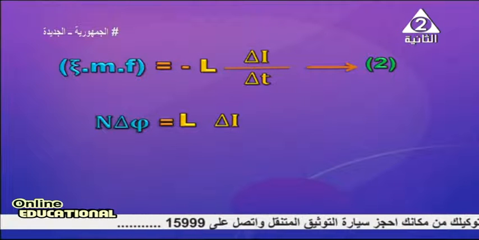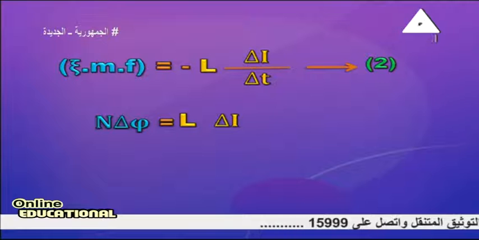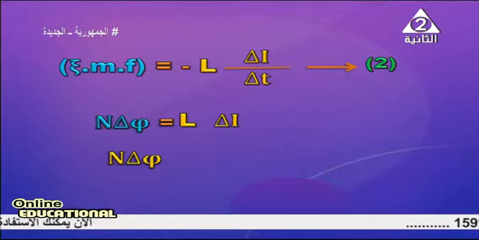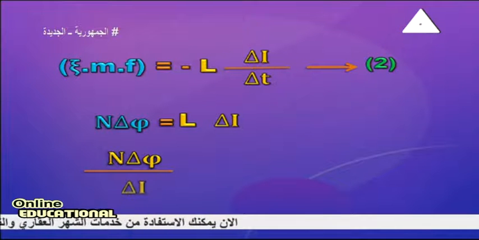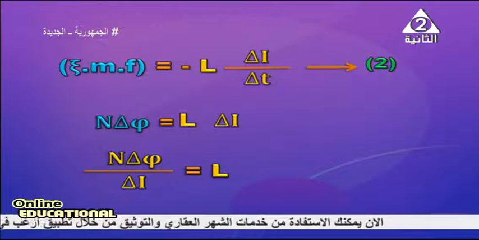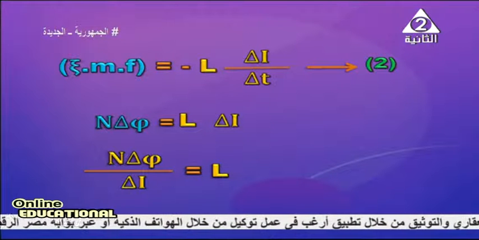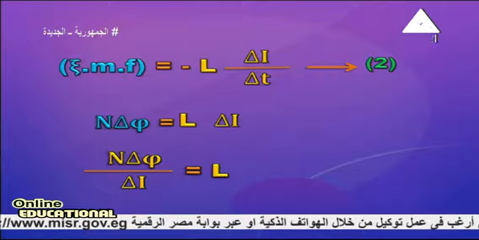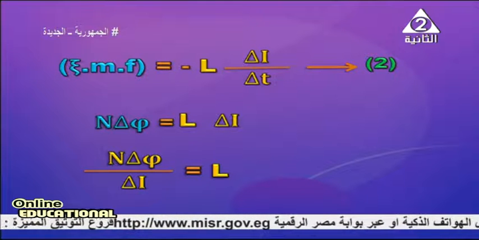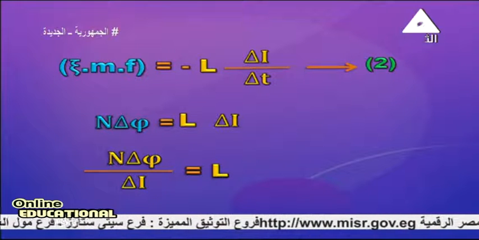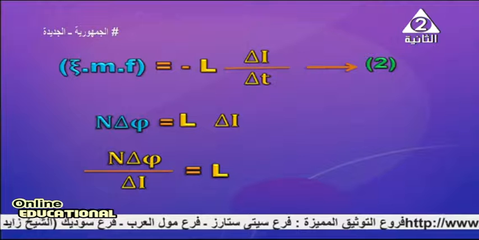In this way we obtain the inductance of the coil: L equals N delta phi over delta I. So the inductance equals N, the number of turns on the coil, times delta phi, the change of the field through the coil, over delta I, the change of the current.